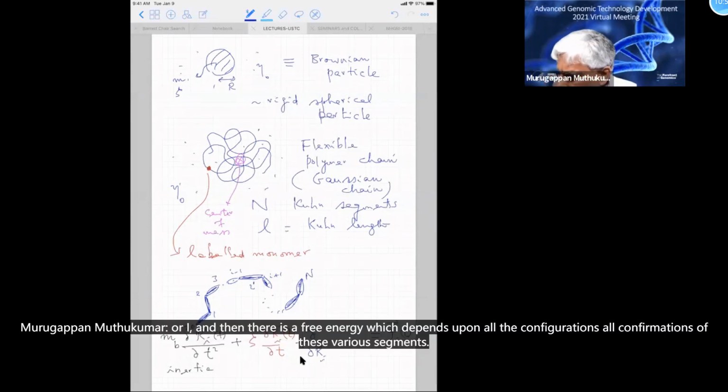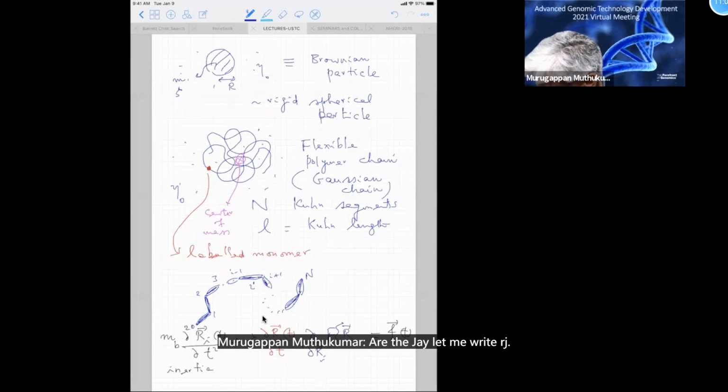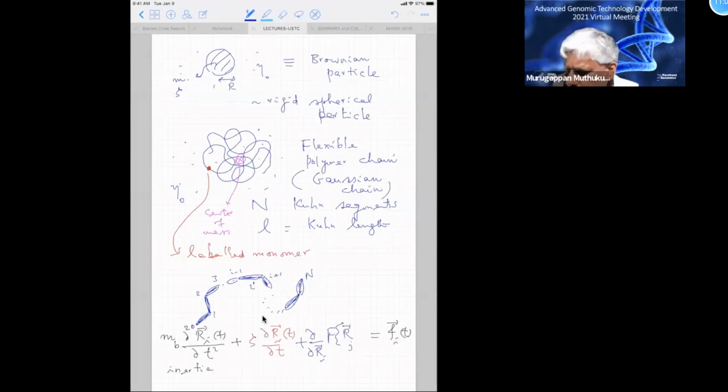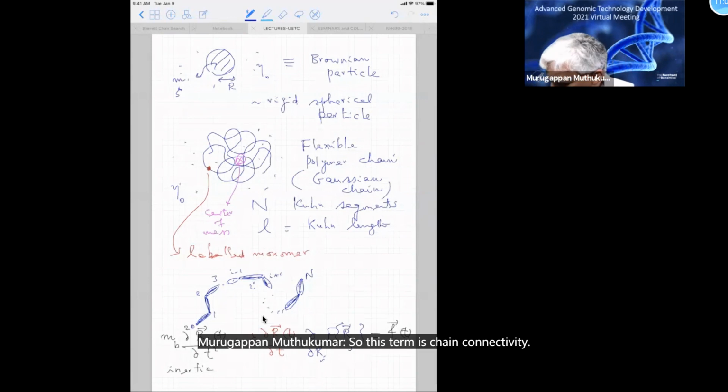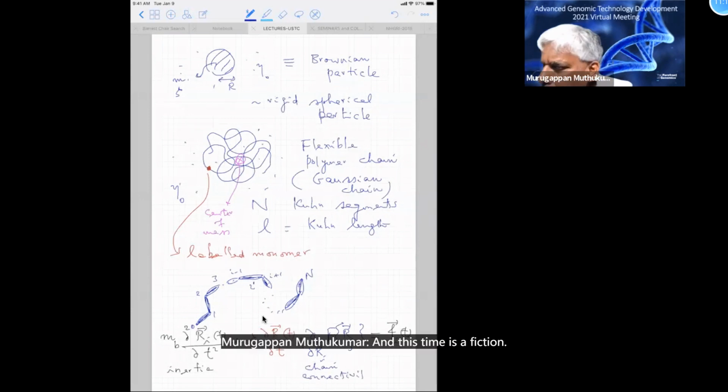And then there is a free energy, which depends upon all the conformations of these various segments, r_j. So this term is chain connectivity. And this term is friction.